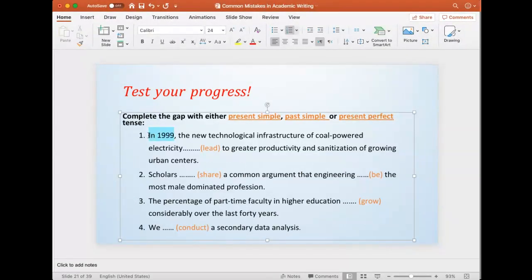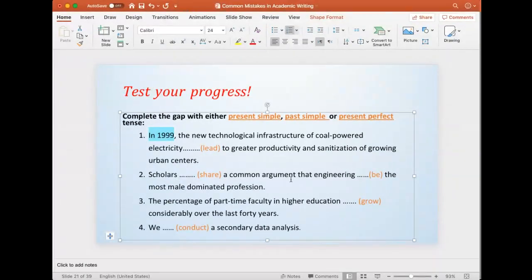But we say it in 1999. This is an old date. Yeah, Abdulaziz. I cannot say leads because it's not a present. It's something in the past. So I would say led. And led here is an irregular verb. So we have to put it in a new format, which is led, led together, greater, okay?